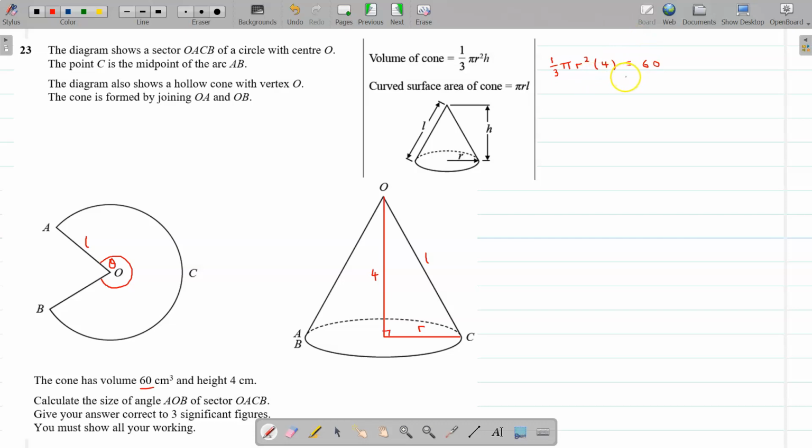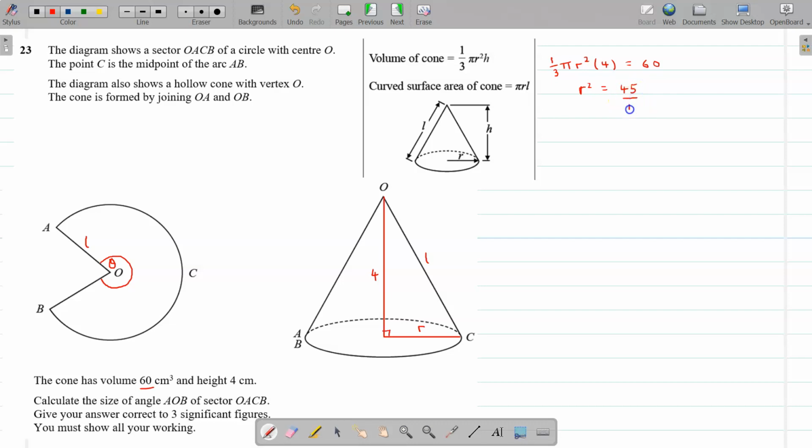Now, if I divide both sides by 4, I will get 15, times by 3, I'll get 45, and divide by pi, I will be left with r squared equal to 45 over pi.